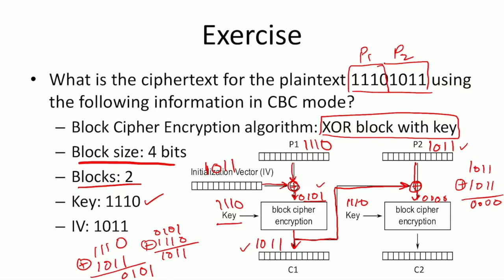Because this is a symmetric encryption scheme that we're doing here using this mode of operation, the key has to remain the same for each block. And this key essentially is what we split into multiple round keys inside this block cipher. So again, I'm going to perform encryption on this output block with this key, which is essentially just an XOR operation. All zeros XORed with 1110 gives us 1110, which is our ciphertext block 2.